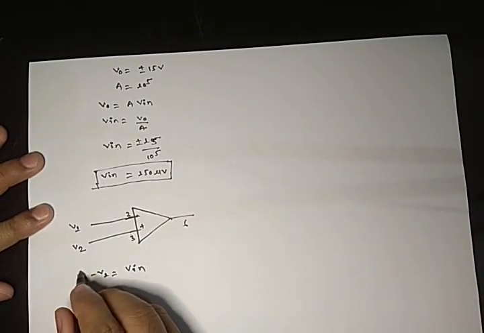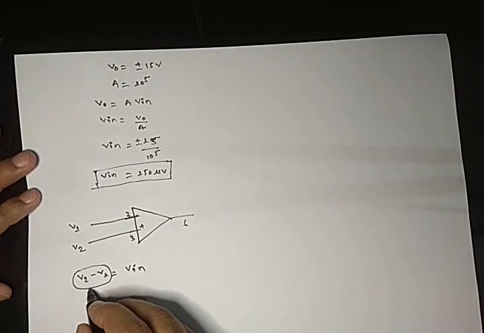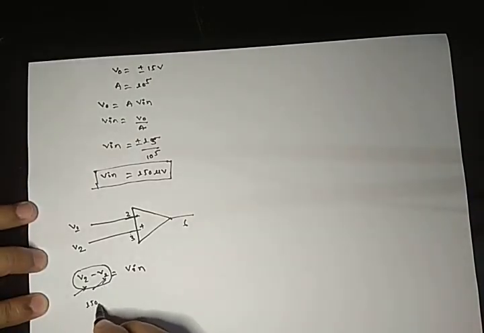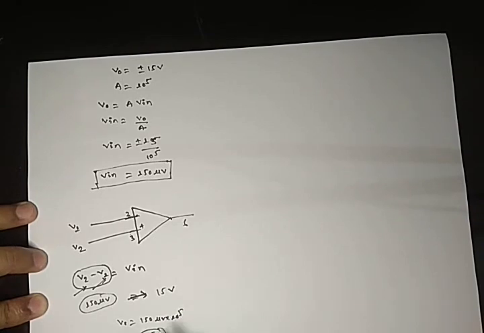So if the difference between V2 and V1 is only 150 microvolt, it will lead to an output voltage of 15 volt, because V0 is equal to 150 microvolt into 10 to the power 5, which is nothing but 15 volt.